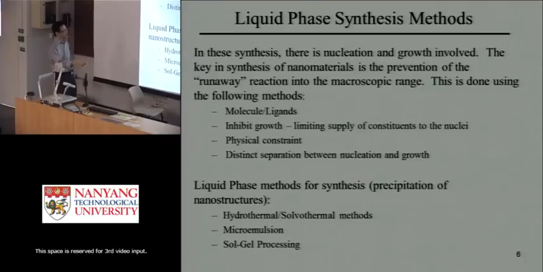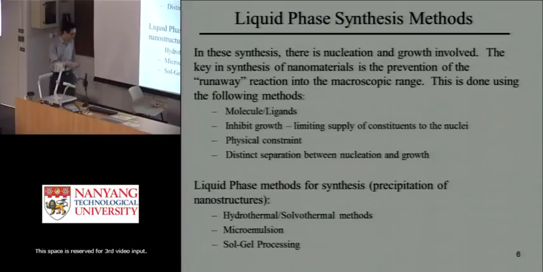You can also inhibit the growth by limiting the amount of reactant. You can also consider using a physical template, like a hard template, like an AAO template. But we also need to separate the growth and the nucleation from each other in order to get a uniform nanoparticle size. We actually focus more on microemulsion and gel as examples to discuss the details of the growth.